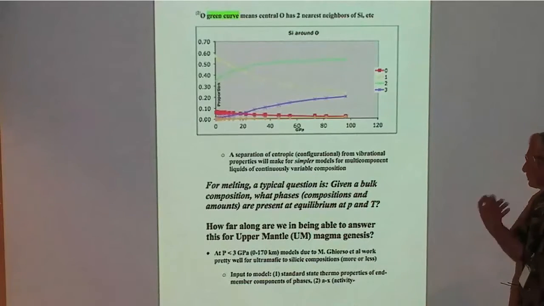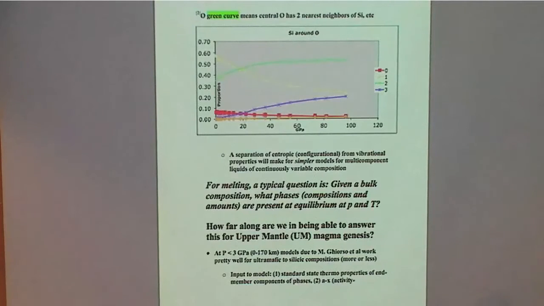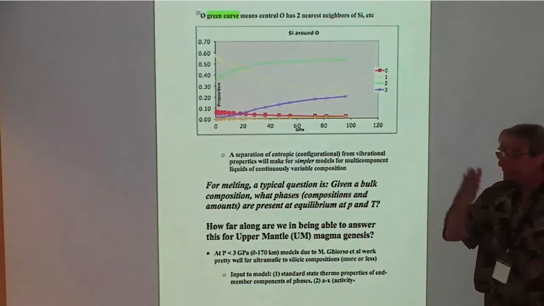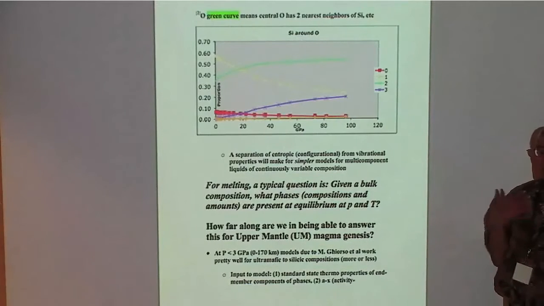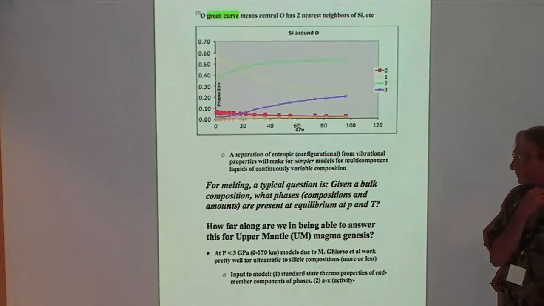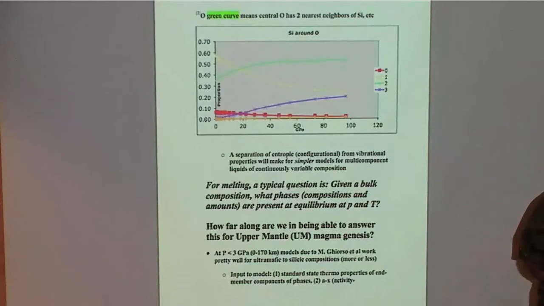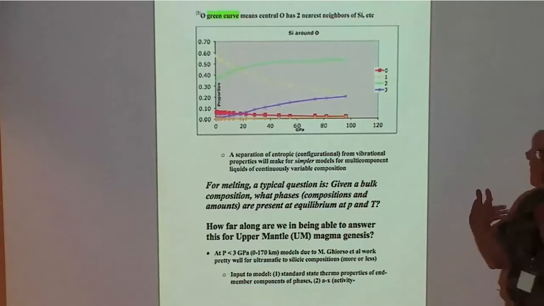At pressures less than about 3 GPa, there's been a lot of work, going back to the days of Bowen, and then fast forward to the 70s when Mark Ghiorso really took it upon himself, kind of single-handedly in the beginning, to develop computer routines based on a thermodynamic database to minimize free energies and basically be able to solve this problem.